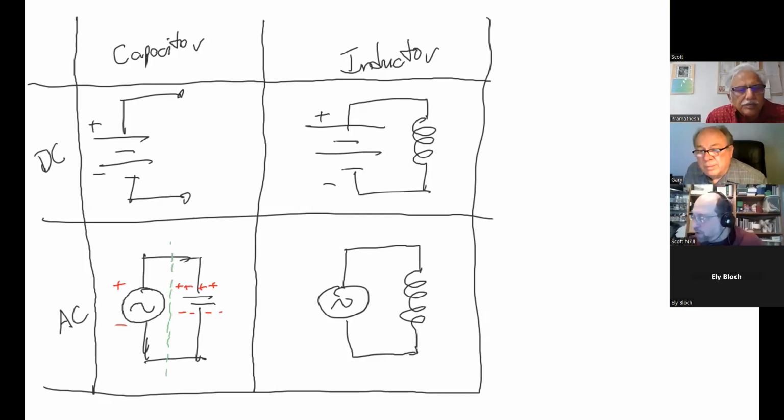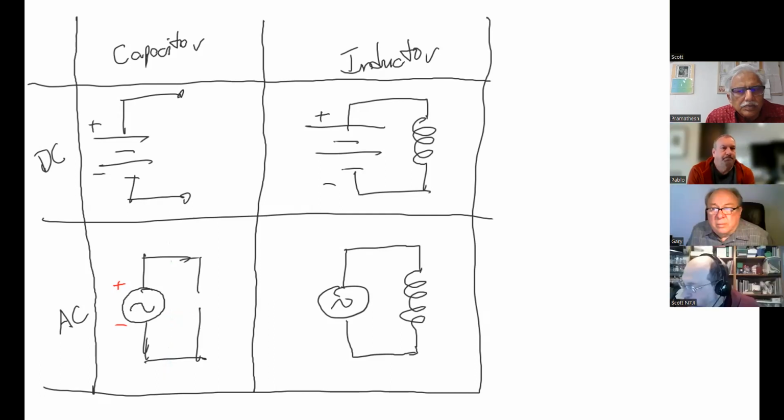So if the battery doesn't know what's on the other side of this wall, and it says, well, the current always flows, what kind of thing allows current to always flow unimpeded? Short circuit. That would be a short circuit. So that looks like that. All right. So for AC, a capacitor looks like a short circuit.